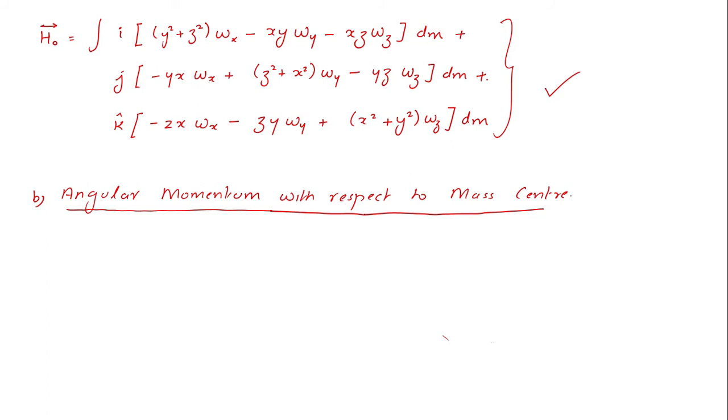Now you must have already studied the inertial properties. Inertial property as such is the mass moment of inertia, which we call I. We must have discussed both area moment of inertia and mass moment of inertia in statics. I'll just revise the concepts here for those who have not looked into that part.